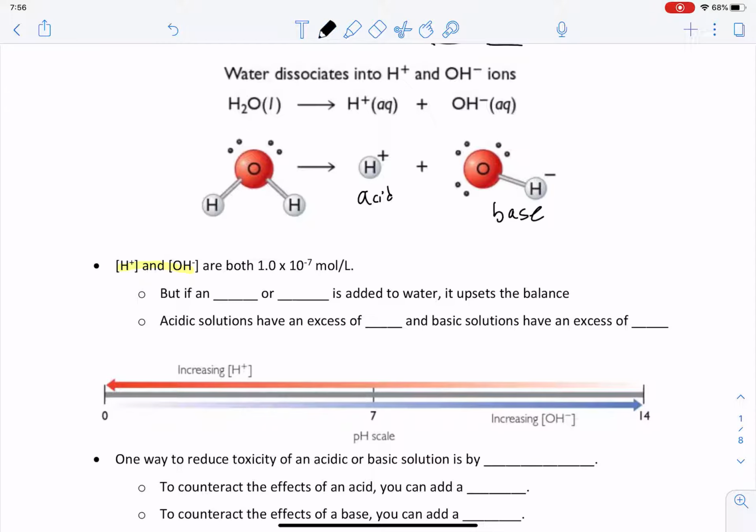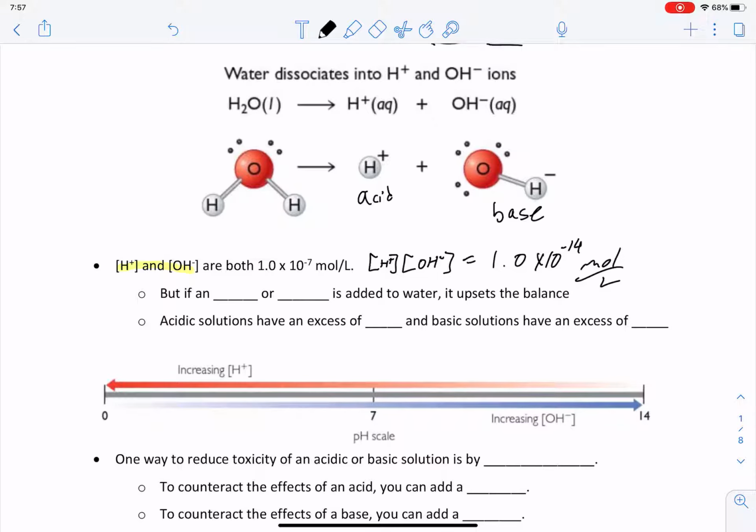And if we multiply our concentrations, again, this is kind of a review from our previous video, we should get 1.0 times 10 to the negative 14 moles per liter.